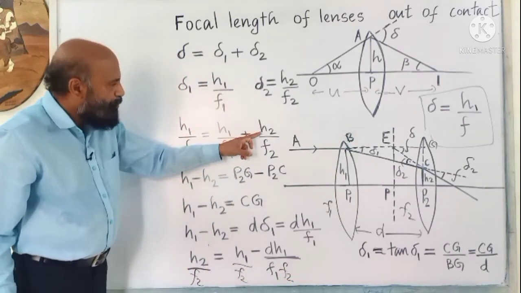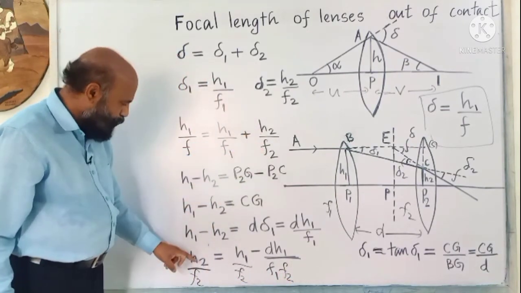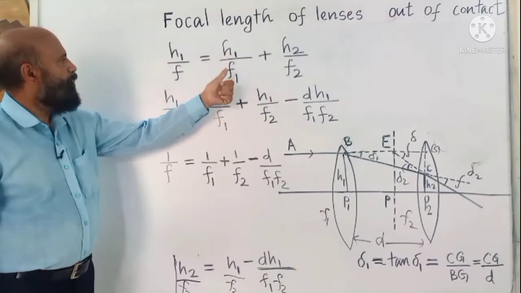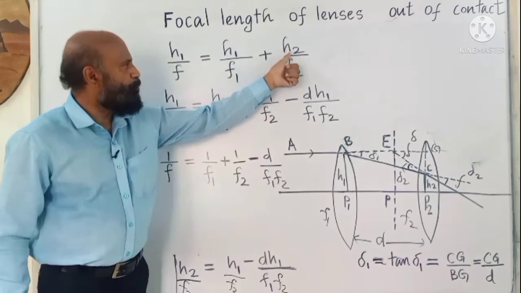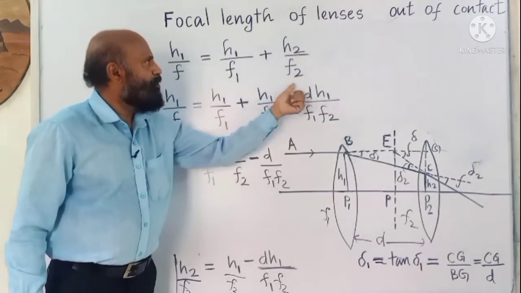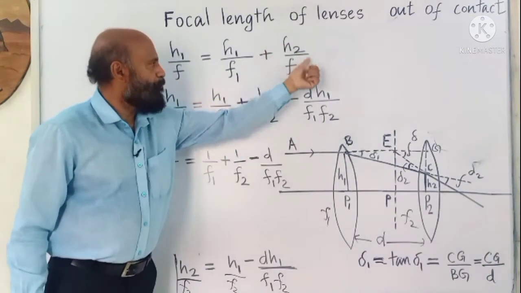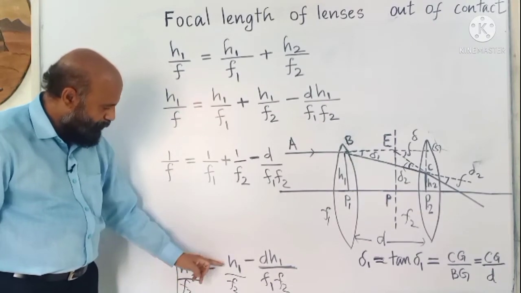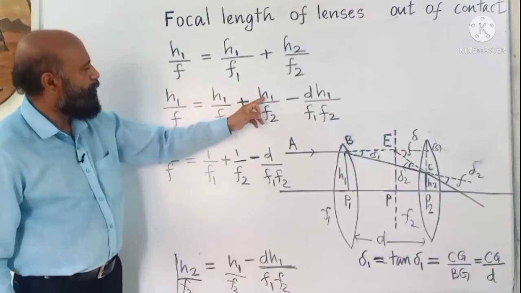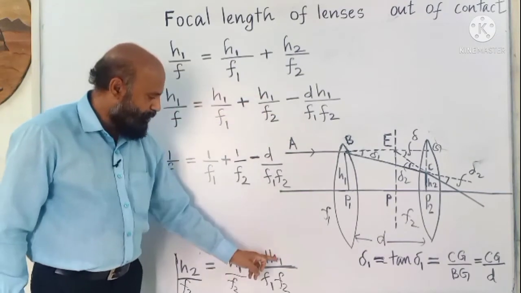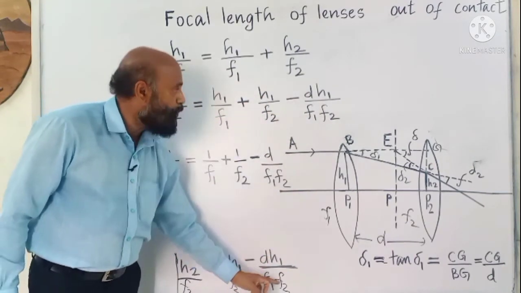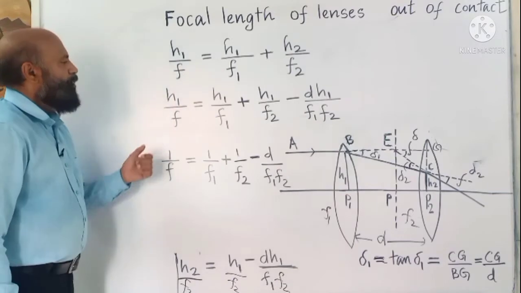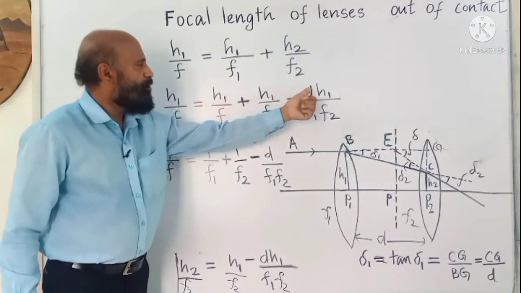Now in this expression h2 by f2, we can substitute this. h1 by f is equal to h1 by f1 plus h2 by f2. For this h2 by f2, we can substitute: h2 by f2 is equal to h1 by f2 minus d h1 by f1 f2. h1 here is common.